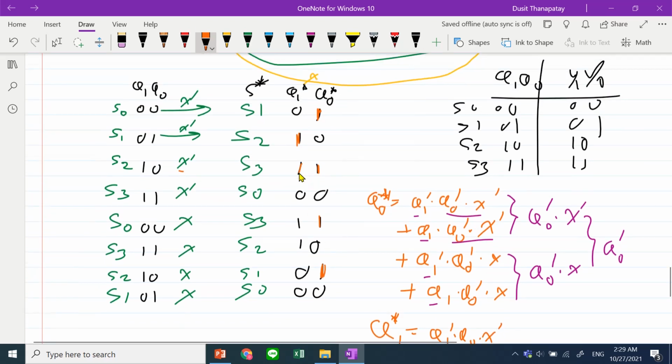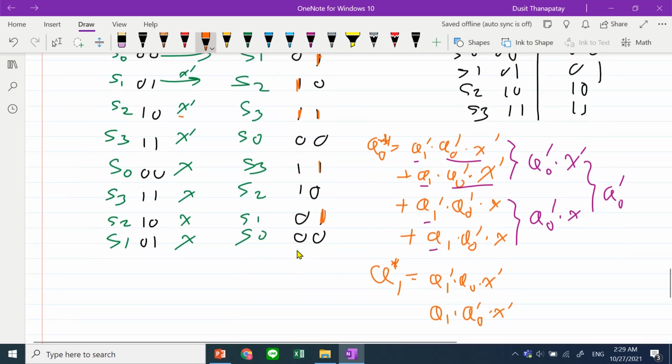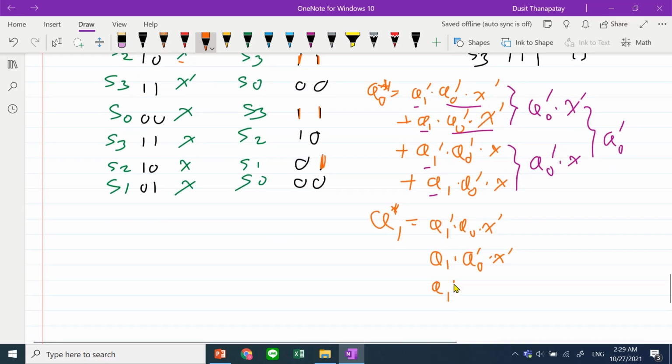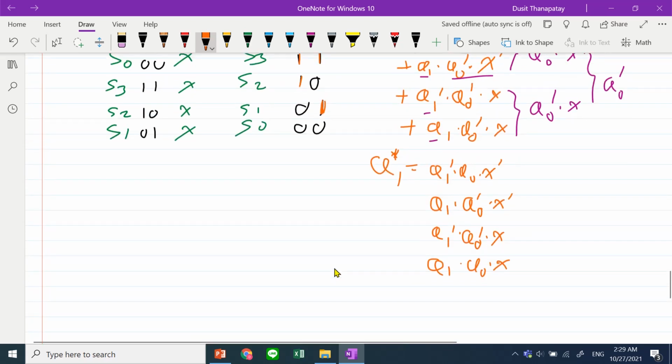Next one is 1 0 X prime: Q1 and Q0 prime and X prime. This logic 1 is 0 0 X: Q1 prime and Q0 prime and X. Last one, 1 1 X: Q1 and Q0 and X.